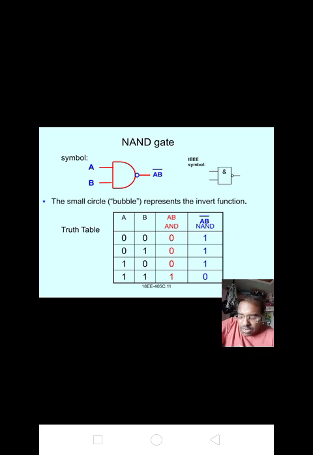We get 2 power 2, that is 4 input combinations: 0 0, 0 1, 1 0, 1 1. The output of the NAND gate, AB bar, is 1 for 0 0, 1 for 0 1, 1 for 1 0, and 0 for 1 1. That is, when both inputs are high, we get the output low, and when any one of the inputs is low, we get the output high.